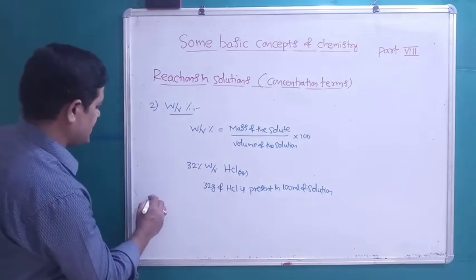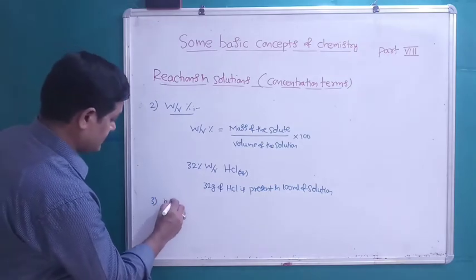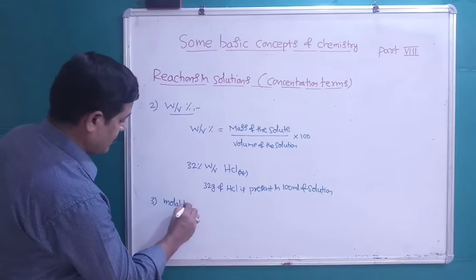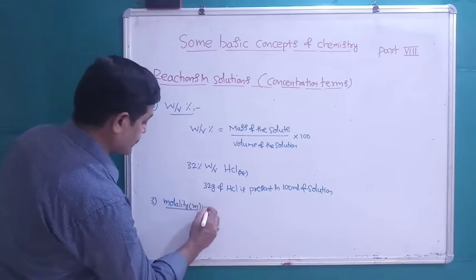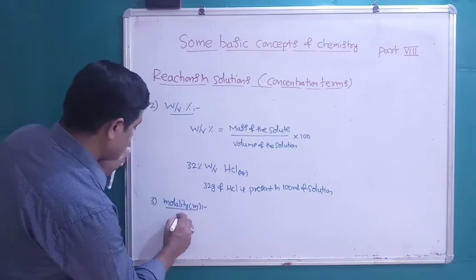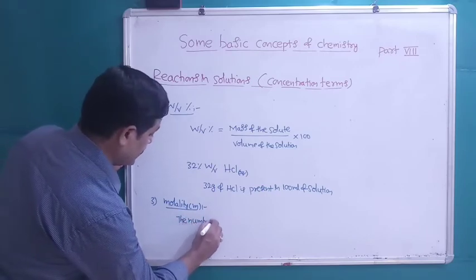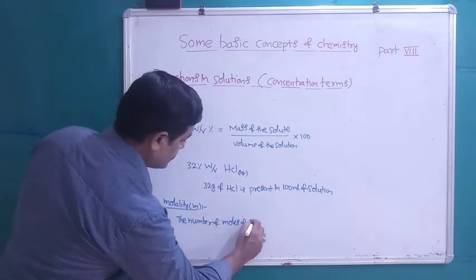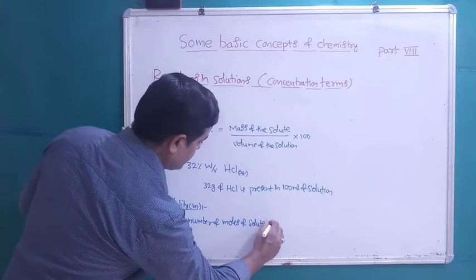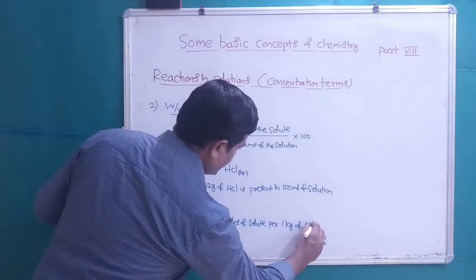Next concentration term is molality, which is indicated with the small m. Molality is defined as the number of moles of solute per 1 kg of solvent.